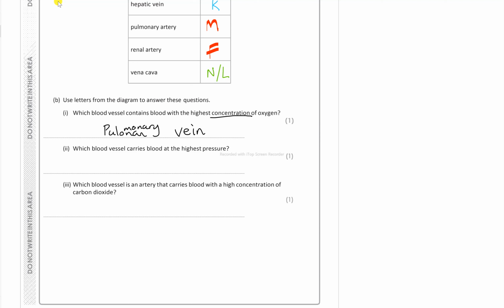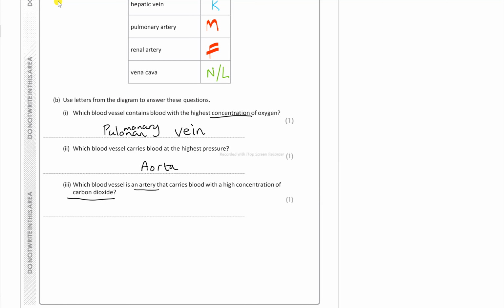Which blood vessel carries blood at highest pressure? It's the aorta as it leaves the heart, because it has to be pumped up the body and down the body, all over the body. Which blood vessel is an artery that carries blood with the highest concentration of CO2?